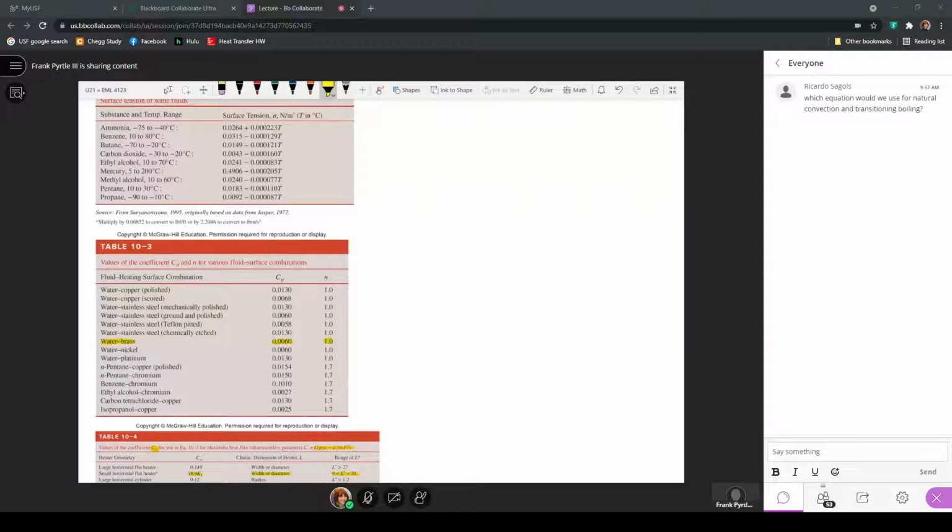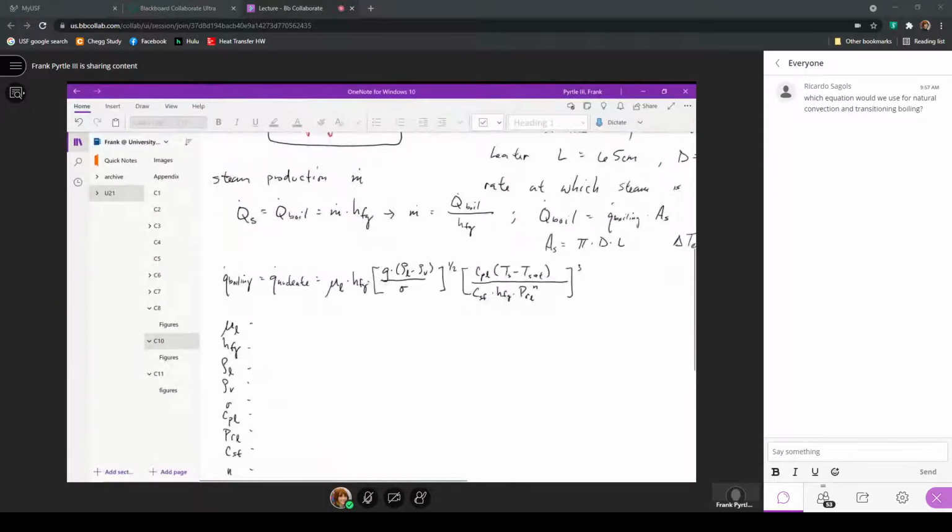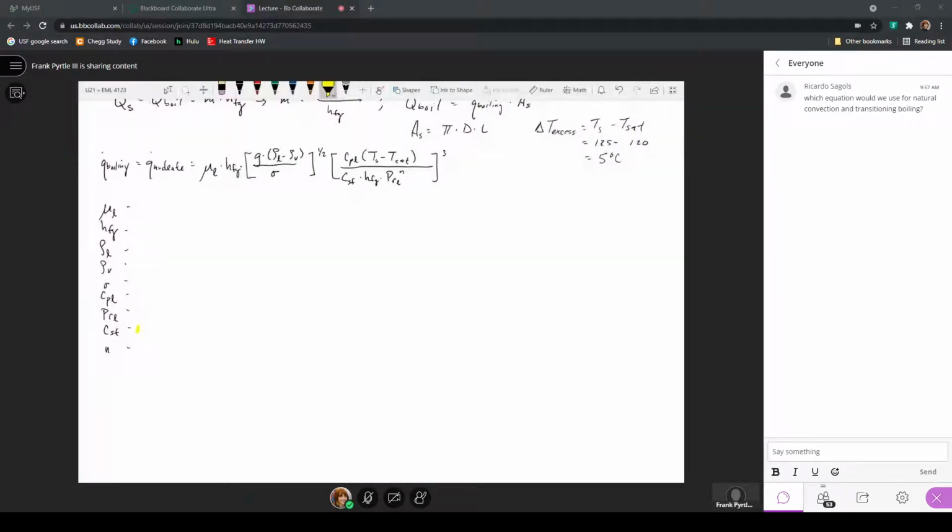So they do slightly affect the value of the heat flux based on the formulation of that particular correlation. So 0.006 and 1.0 for those two quantities from table A3.